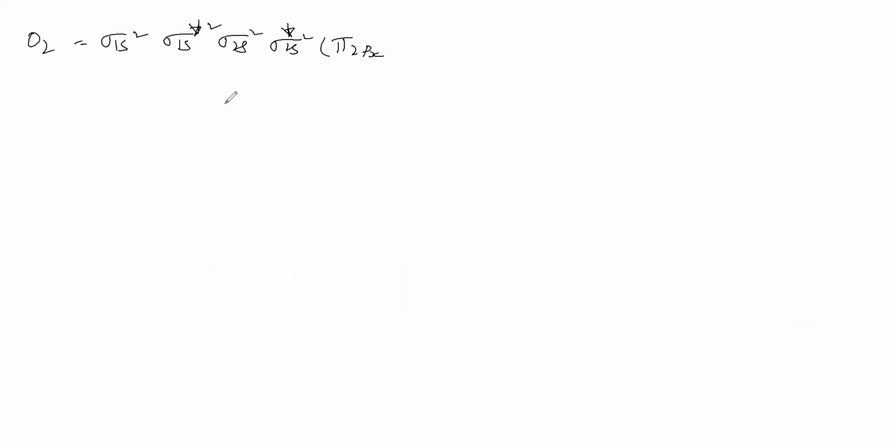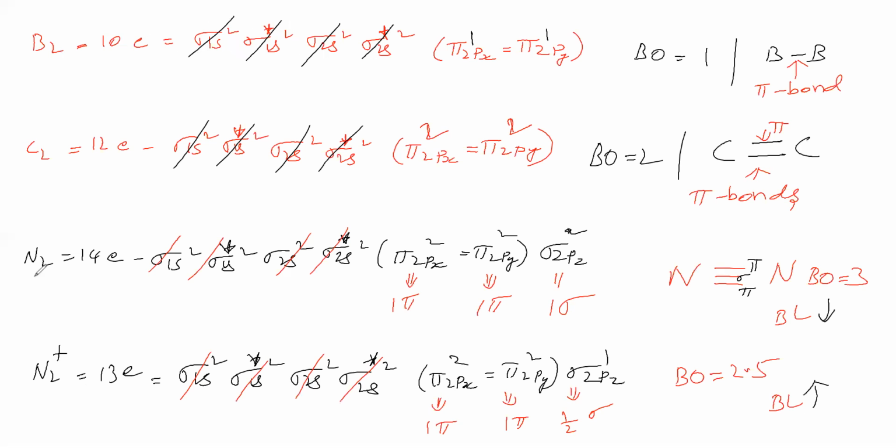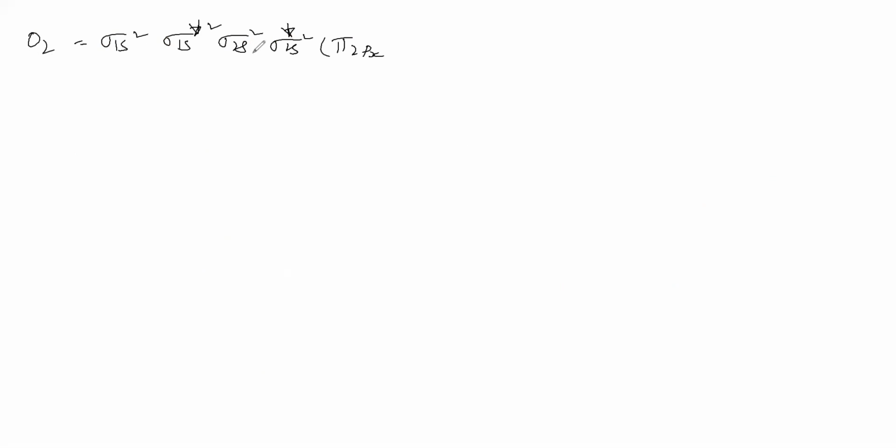No. Up to nitrogen, what we discussed is that after sigma star 2s, pi 2p comes, and after pi 2p only sigma 2pz. But in the case of oxygen, after sigma star 2s, pi will not come, sigma 2pz only comes.